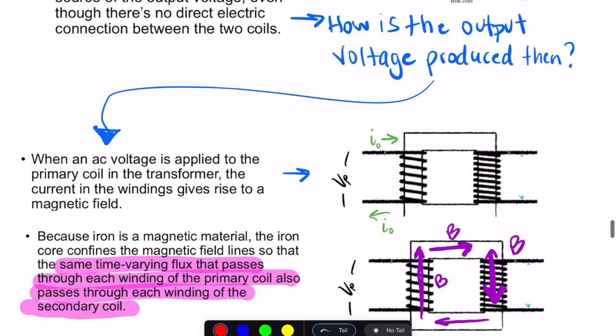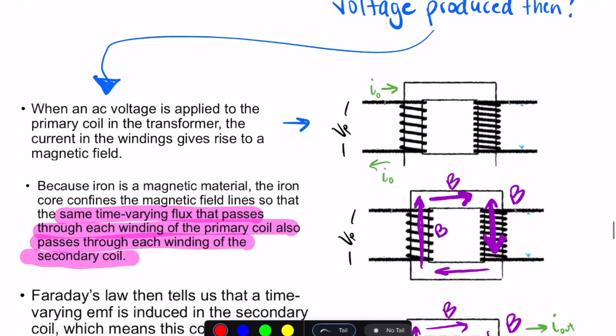When you apply an AC voltage to the primary coil, you're applying a current that varies with time, and that current produces a magnetic field in varying directions, because the current is alternating between left and right.